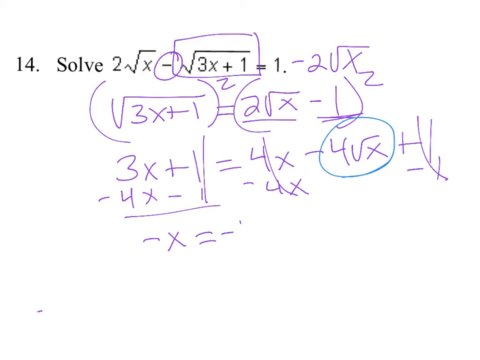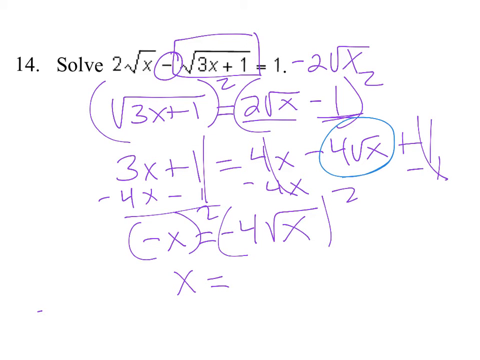And so this is equal to negative 4 root x. Well, I'm going to move this negative. I actually don't even have to do that. I'm just going to square, and it's going to take care of that. Square both sides, and I have x equals negative 4 squared is 16. Root x is x.